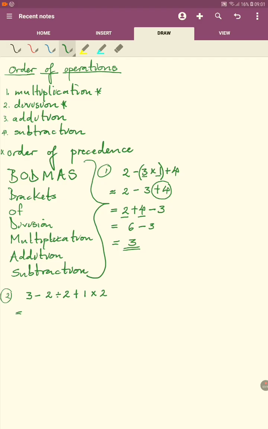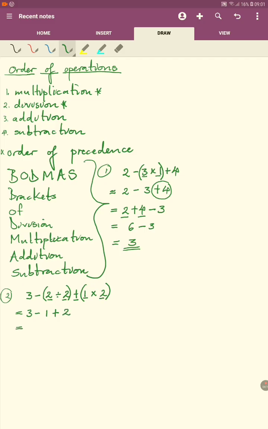So the same thing, we're going to put where there is division inside the brackets and where there is multiplication inside the brackets. We say 3 minus, and you say 2 divided by 2, you get 1, and you say plus 1 multiplied by 2, you get 2.